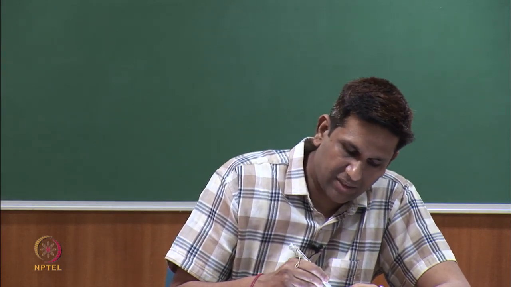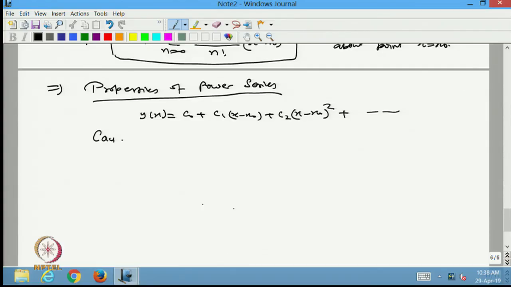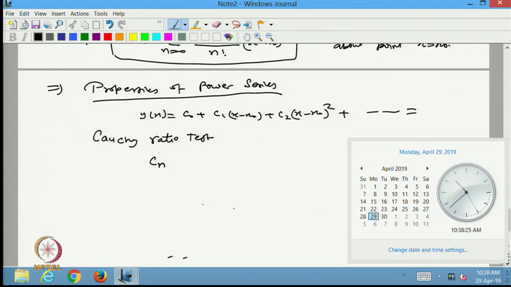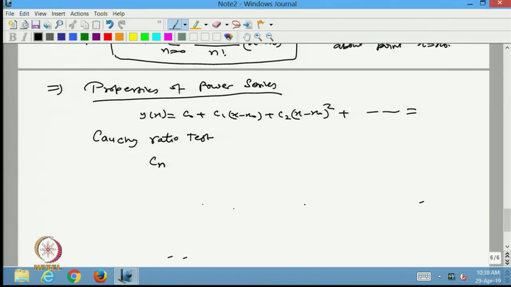So, if this series can be written as summation of u n, n from 0 to infinity, then I know that with the help of the ratio test, it will be u n plus 1 over u n.